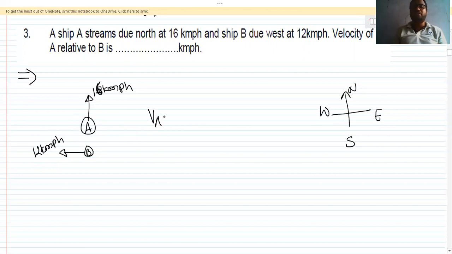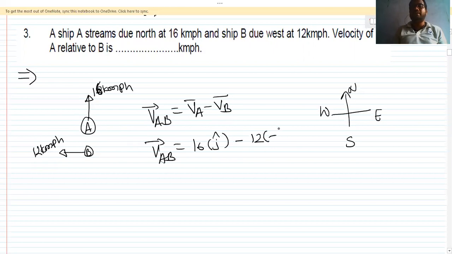So velocity of A relative to B, we have formula velocity of A minus the velocity of B. So velocity of A relative to B is equal to, what is the velocity of A? It's 16 in north direction, that is J hat we can write, minus what is the velocity of B? Negative 12 in minus I hat.